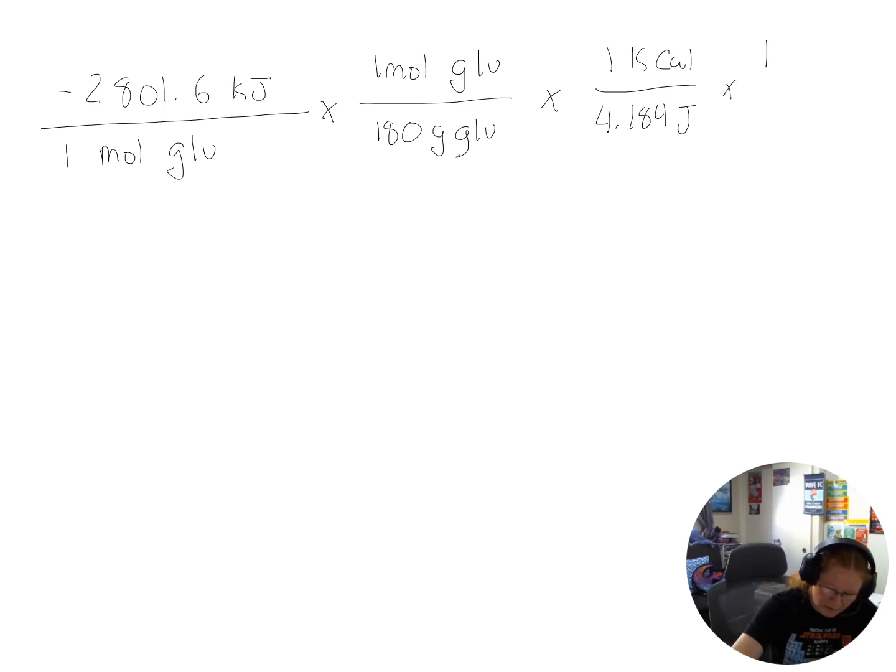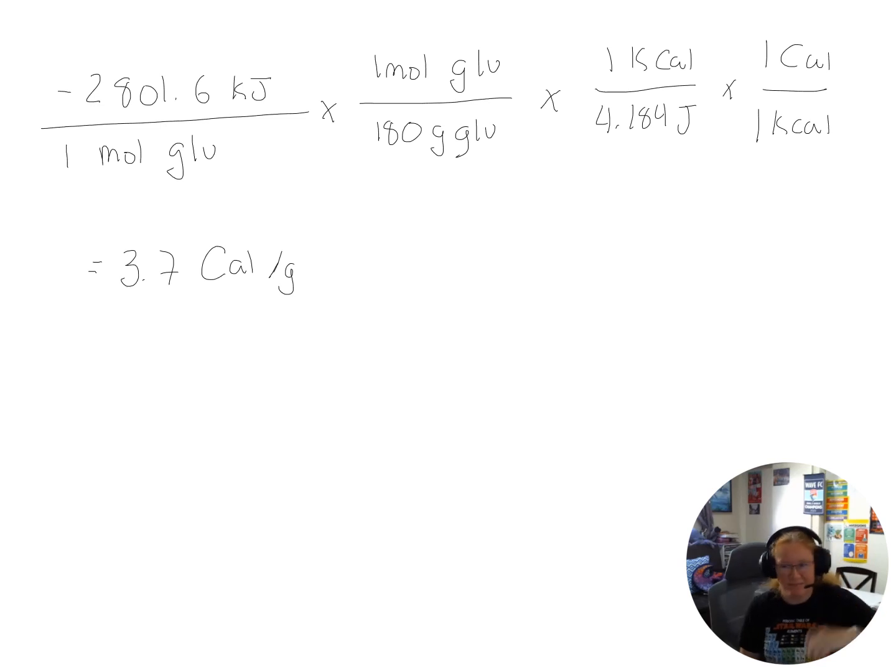And then there's 1000 calories for every 1 kilocalorie. That last step is easy. All right, so we're going to get 3.7 calories per gram of our glucose. Okay, so that's how it's really easy to use these delta H values when we do stoichiometry. You just plug it in like anything else.